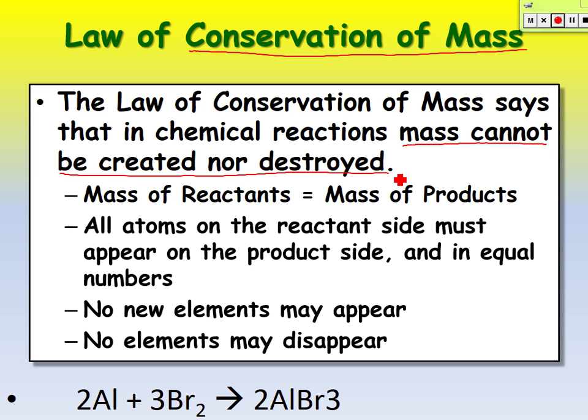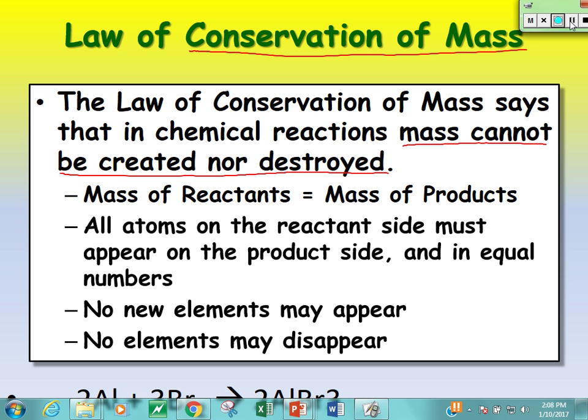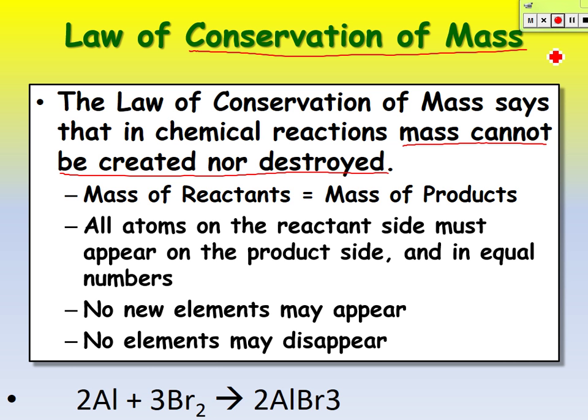Mass of reactants has got to equal the mass of the products that you form. It has to equal each other. So the mass of the reactants equals the mass of the products.